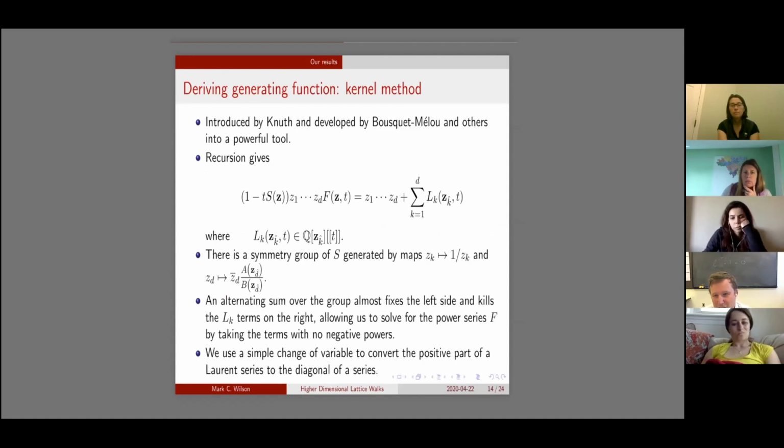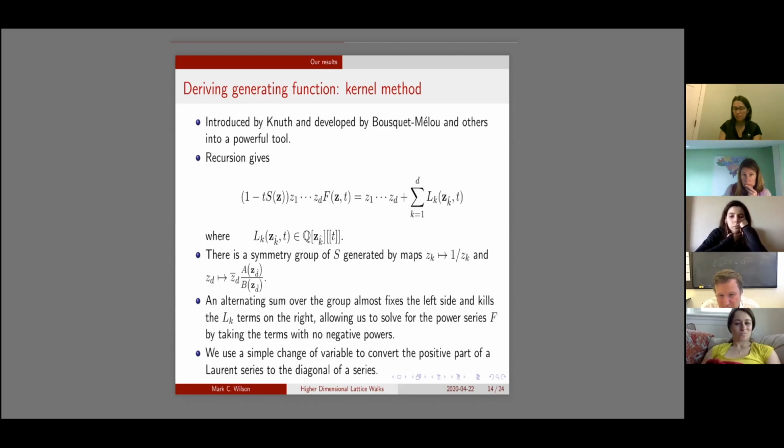In this case, by doing a relatively simple recursion on these steps, just look at the last step, for example, or the first step and recurse on that, you end up with this nice equation here where the LKs are Laurent polynomials, I believe.